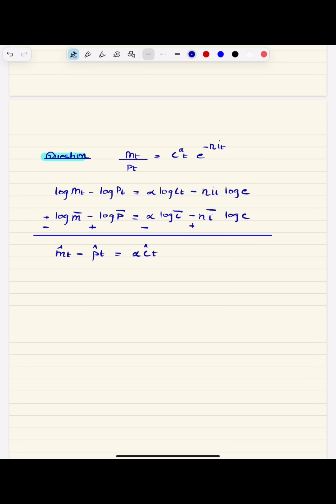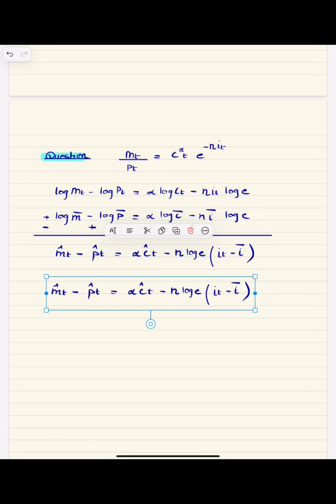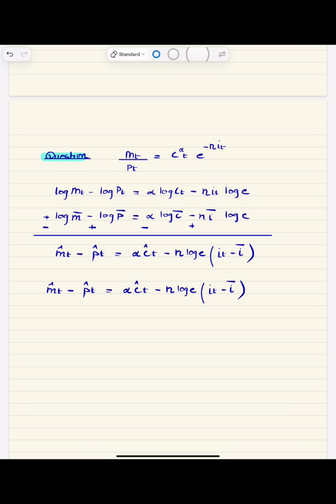And then we can take minus n log e as common, and this becomes it minus i bar, and that's not the log deviation, so let's use another symbol. Let's call it it with a tilde, this sign.